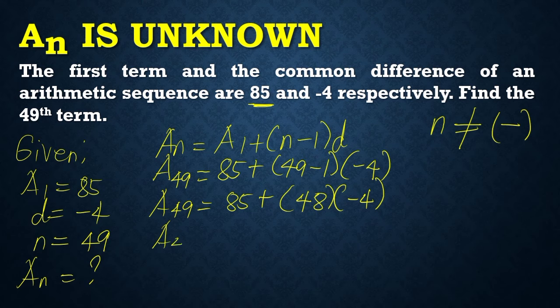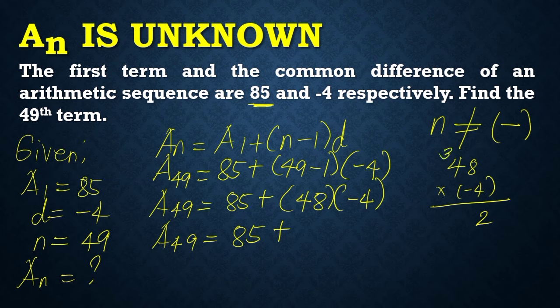A sub 49 is equal to 85 plus 48 times negative 4. 8 times negative 4, that is 32, carry 3. 4 times negative 4, negative 16, plus 3, that is negative 192.